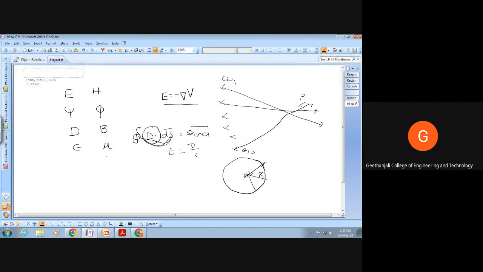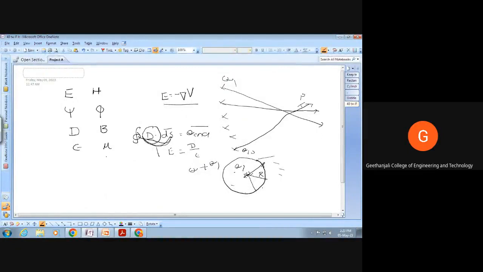So one can say that the Gaussian surface, the spherical surface here, and the point charge are symmetrical with respect to each other, in the sense that the magnitude of the electric field intensity is constant at every point on the imaginary spherical surface. But once the symmetry is disturbed, suppose I include another point charge q1, Gauss law is still applicable. If you evaluate the total flux leaving this spherical surface, it becomes q plus q1.